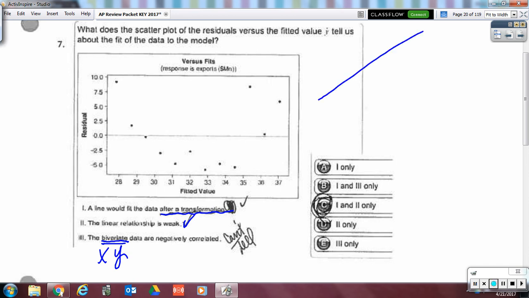The original could have looked like this, and then here I'm going to draw these dots around it. But it could also be this way, and then you have those dots arranged the same way around it. So you do not know if the original is positively or negatively correlated.